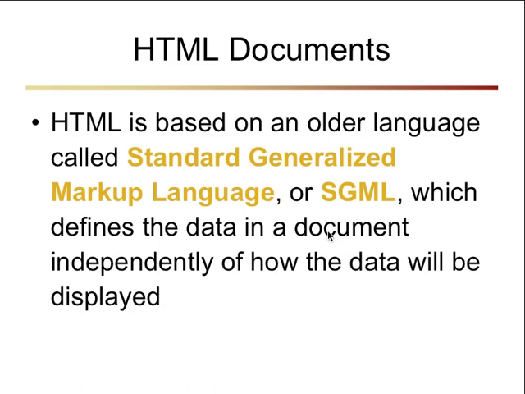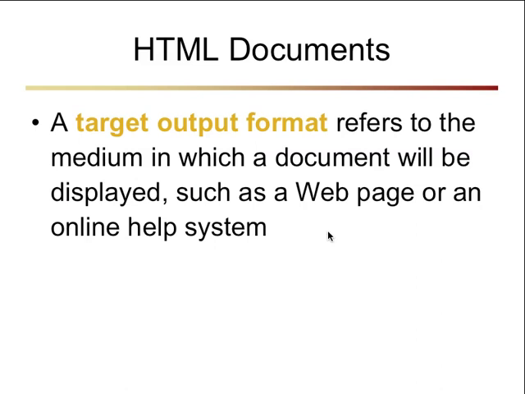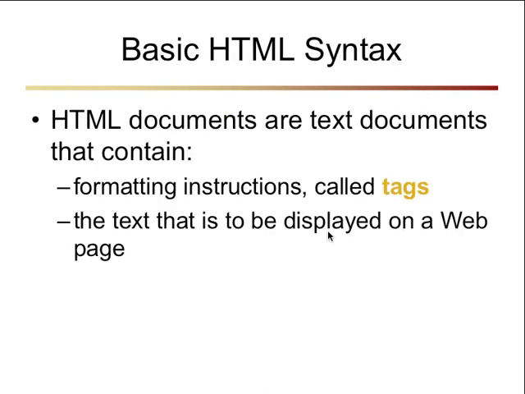And I think I went this far as well, looking at Standard Generalized Markup Language, where it started from. I didn't really talk very much about the history, but that's essentially where it came from in the beginning, was SGML. It turned into HTML. We kind of got rid of the GL concept, and that moved over into XML, actually. So I'll talk a little bit more about that today to fill in the gaps for you in terms of that technology. And the target output format, essentially the web page, the online help systems, the online anything associated with that.